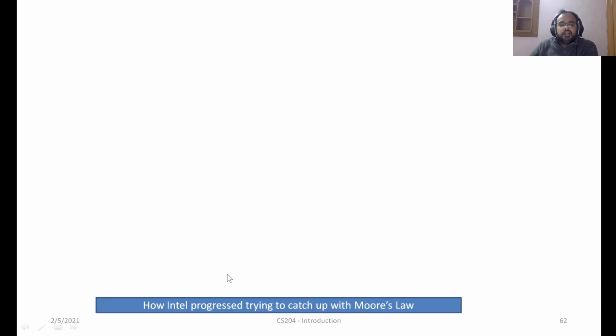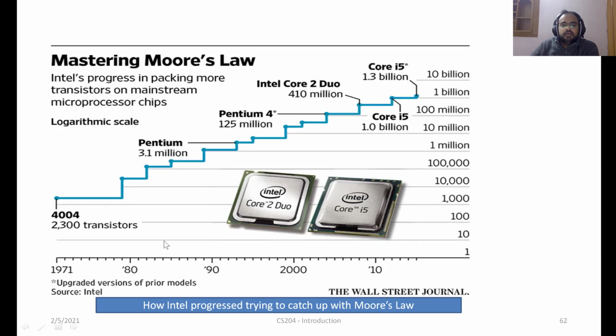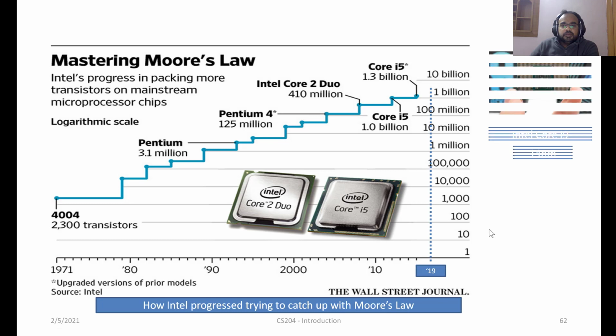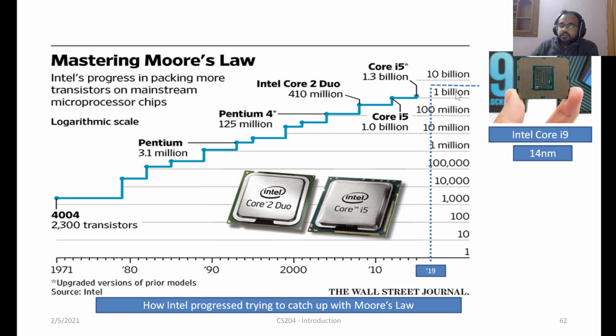If we specifically look at how Intel has progressed trying to catch up with Moore's law, in one of the previous lectures I mentioned the Intel Core i9, which is fabricated at 14 nanometer technology. It had somewhere between 6.5 to 7 billion transistors. Now the 10th generation of Core i9 has almost 10 billion transistors in it.